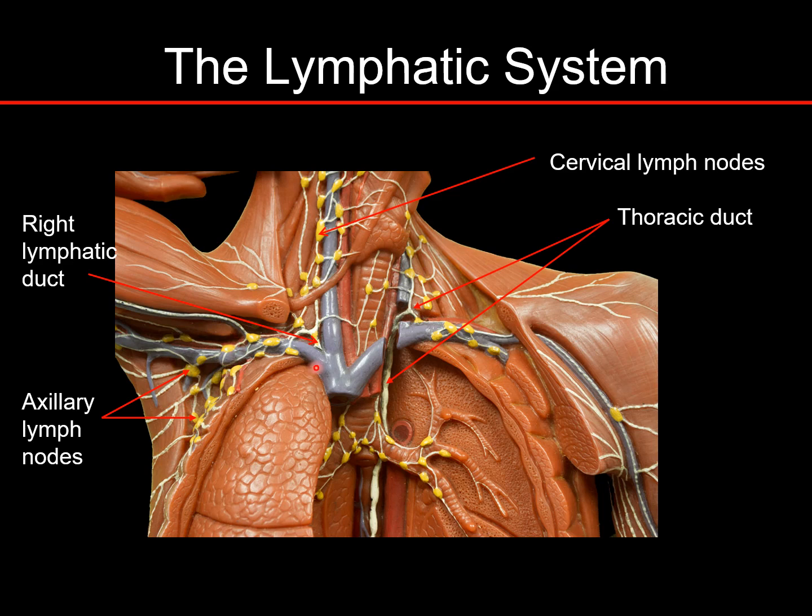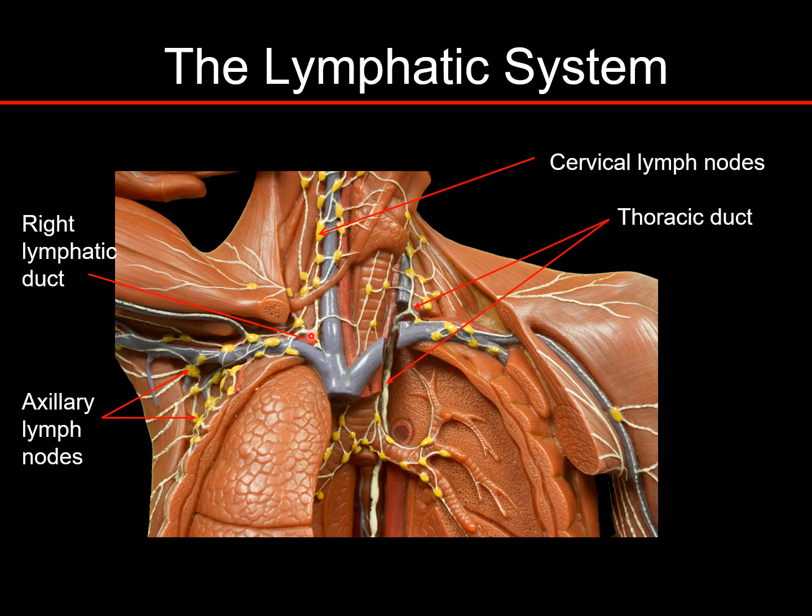And then you can see this large white structure coming up here, and that is the thoracic duct draining the whole lower part and left part of the body. It's going to come up and deposit right into this area, this junction of the jugular and the subclavian vein.